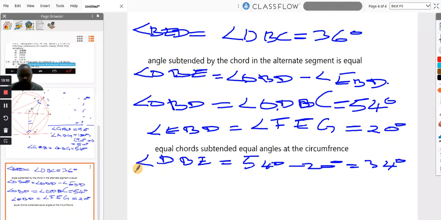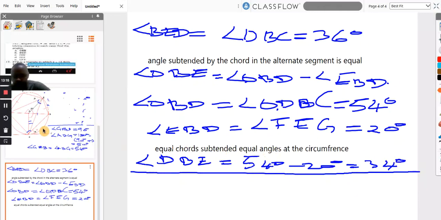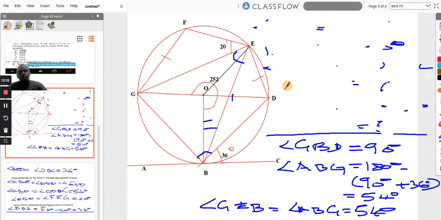Alternatively, you can get angle BGE. Angle BGE, this angle here. Now remember this angle here is 36 degrees because it's alternate segment to this one.